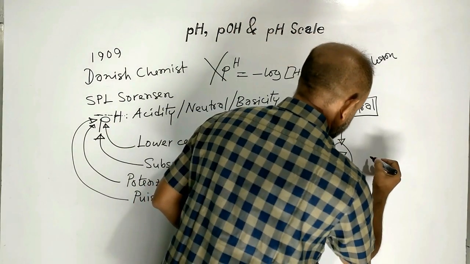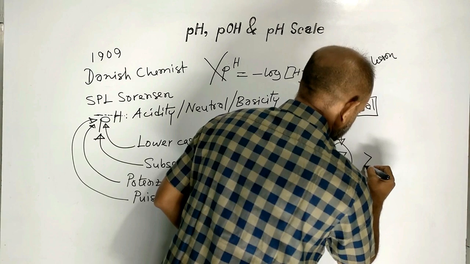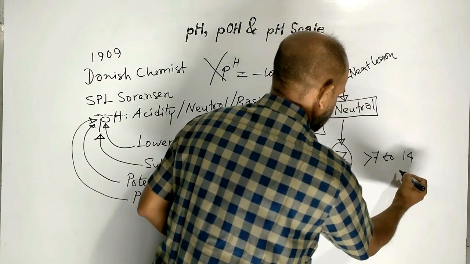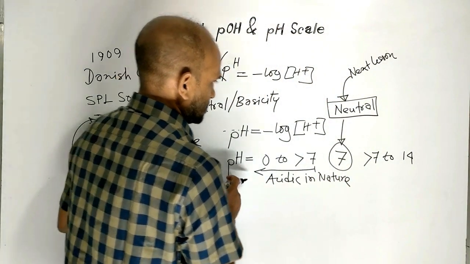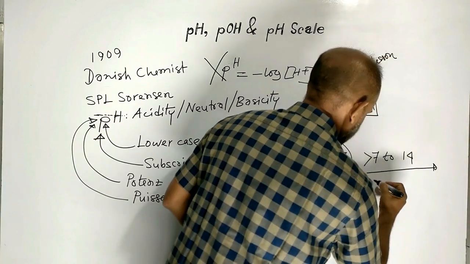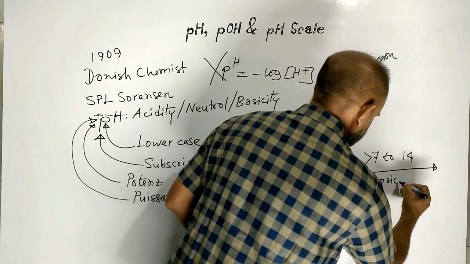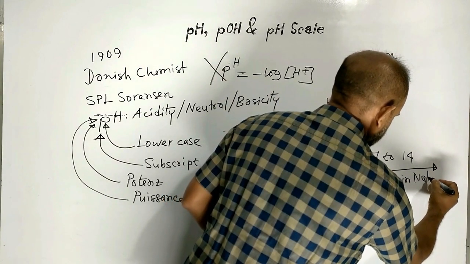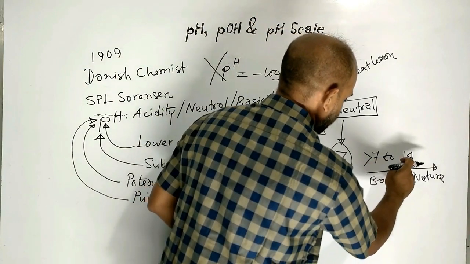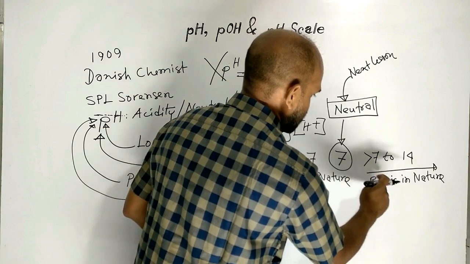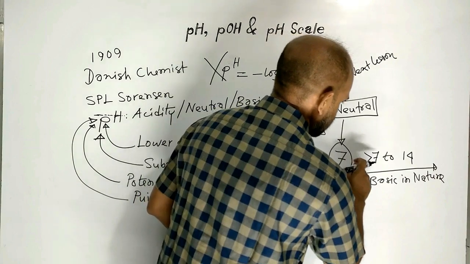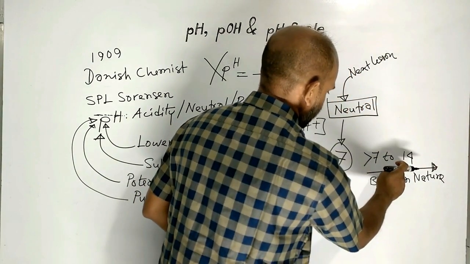But when its value is more than 7 to 14, then the substance will be basic in nature and its basicity increases towards 14.